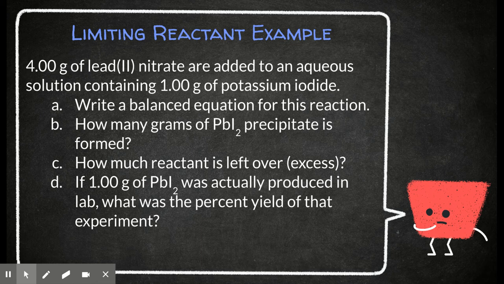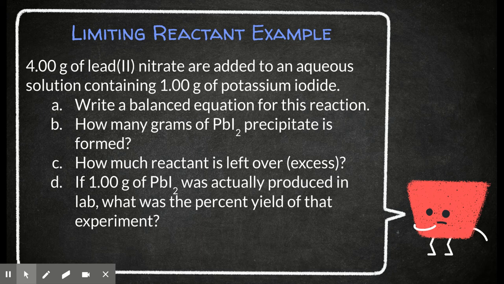And so the example we're going to do together is 4.00 grams of lead-2 nitrate are added to an aqueous solution containing 1.00 grams of potassium iodide. So the first thing we need to do is write a balanced equation for this reaction. Then the second thing we're going to do is determine how many grams of PbI2, so lead-2 iodide, precipitate is formed in this reaction.